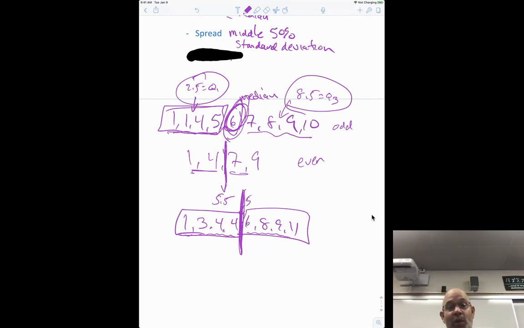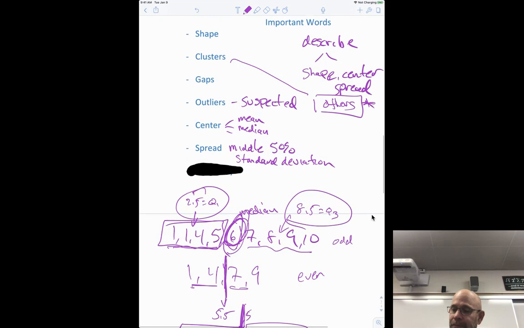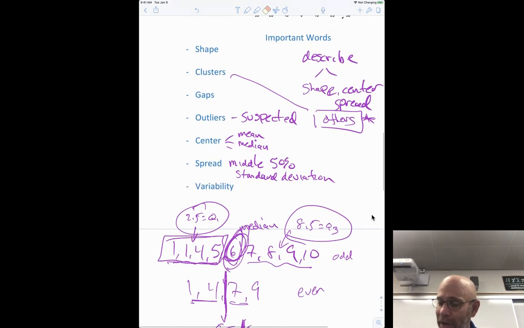So if you find all three of the quartiles, you can do center and spread like that. You can just say the median is whatever, and the middle 50% is between blank and blank. Okay. And the last little word I have up there is variability. We'll talk more about variability. Variability is just another measure of spread.